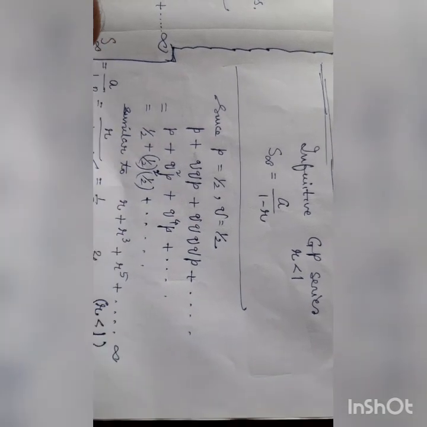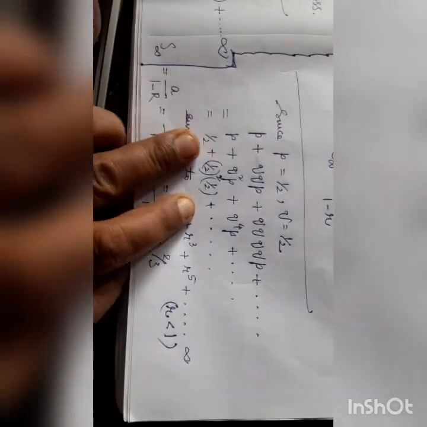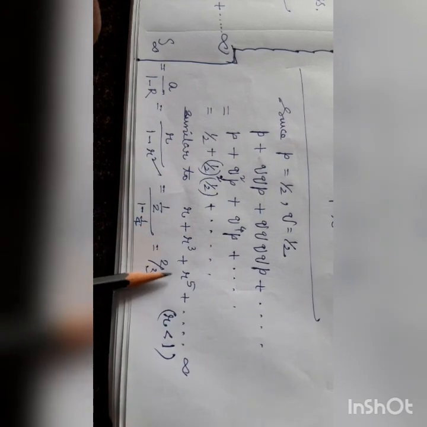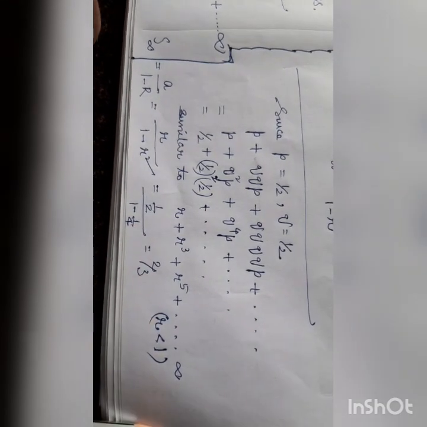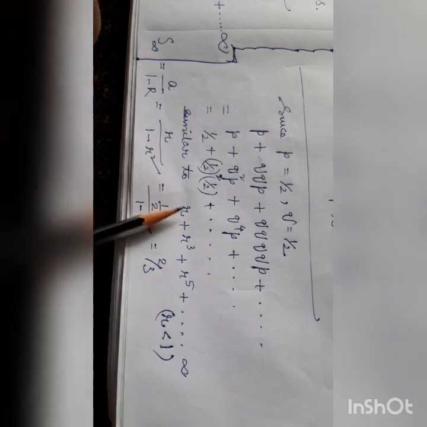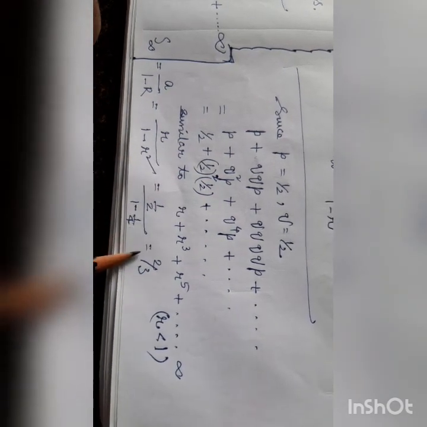Like this, it will be coming. 1 by 2, 1 by 2 whole cube, 1 by 2 whole power 5 up to infinity. 1 by 2 is less than 1, no. What is the formula? S infinity equal to A by 1 minus R. So 1 by 2 by 1 minus 1 by 4 equals 2 by 3.